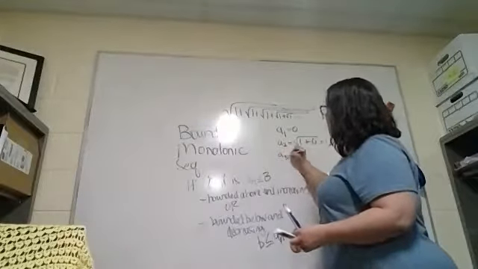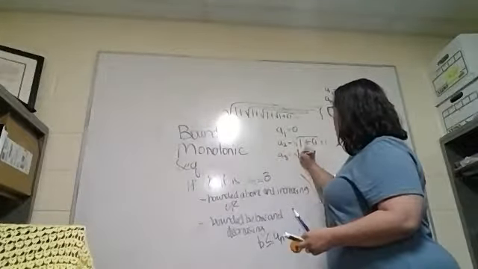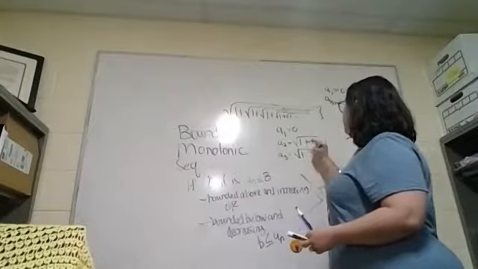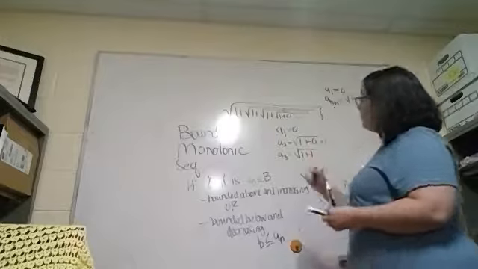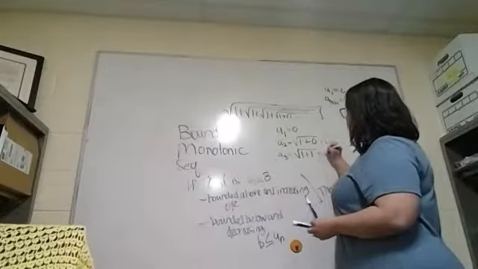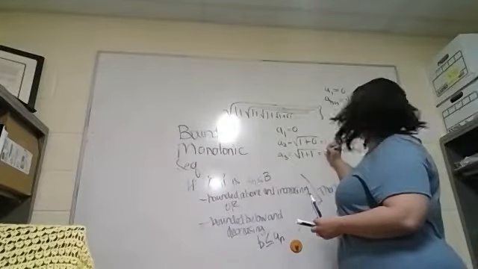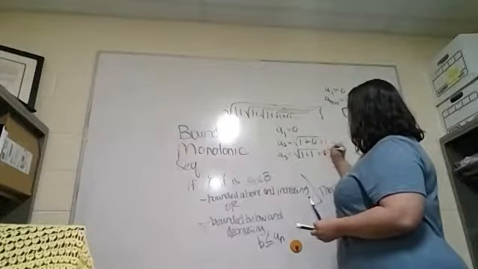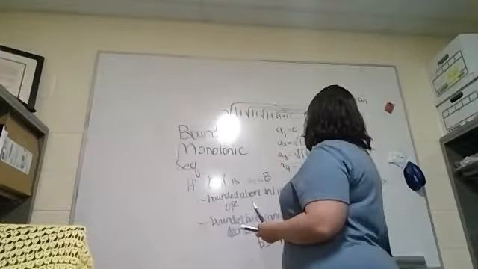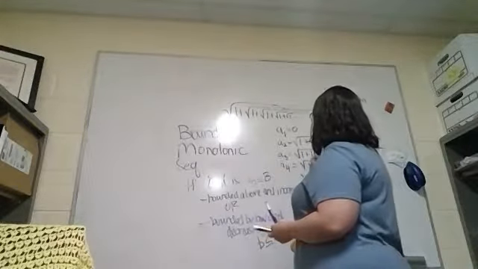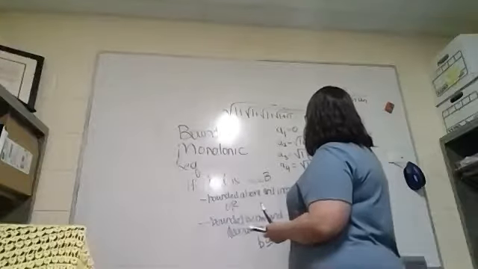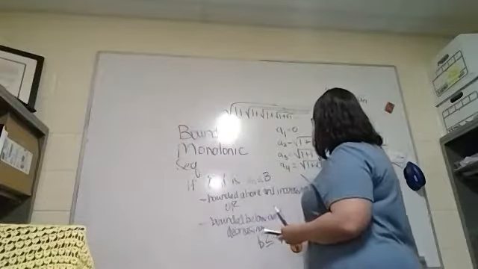A3 should be the square root of 1 plus A2, so it's the square root of 2. And then A4 is going to be the square root of 1 plus the square root of 2.